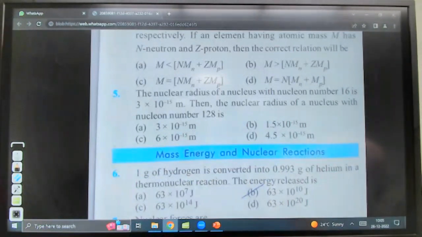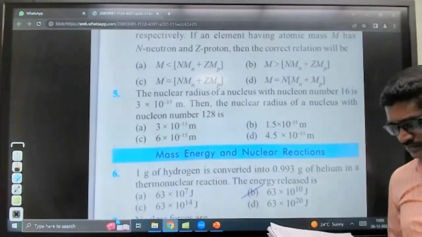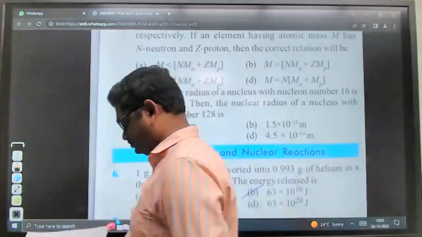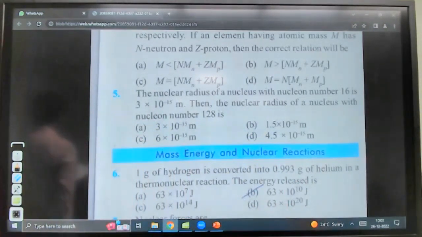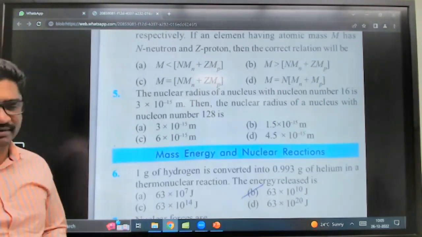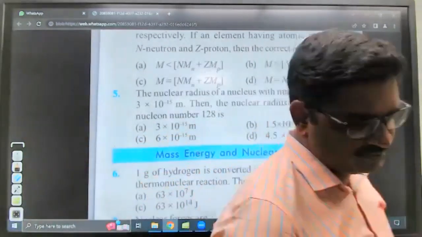Then the nuclear radius of a nucleus with nuclear number 128 is. Try to solve question number 5. Question number 5 solve చేయండి.